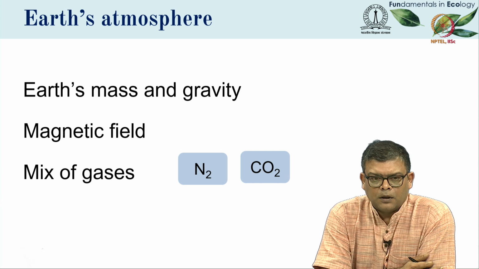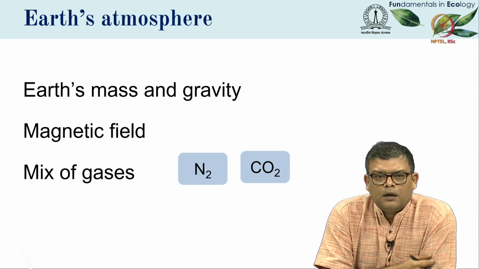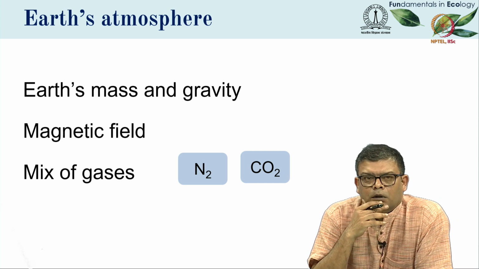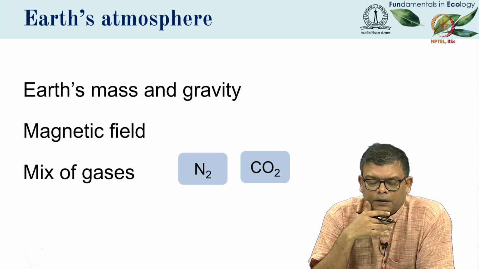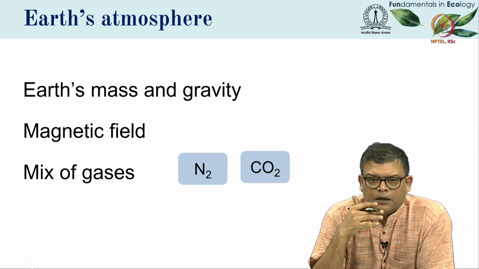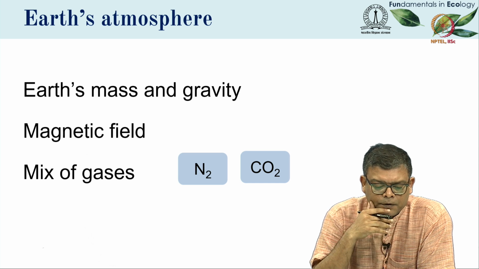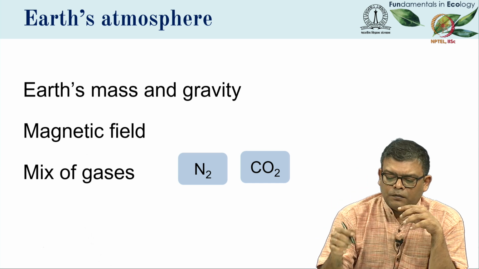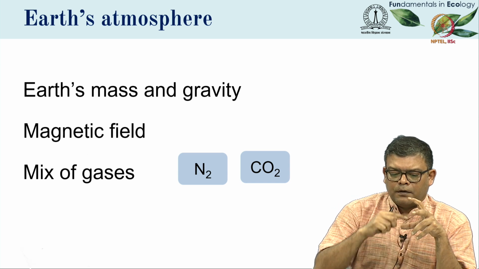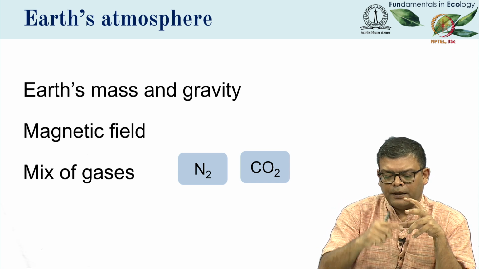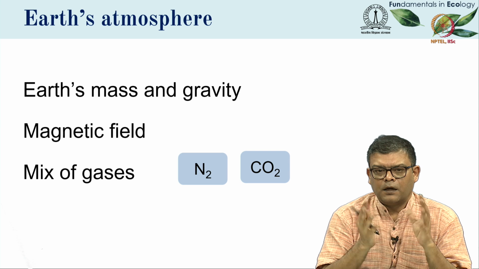So now in part 1, I left you with a thought about what's the role of Earth's gravity or magnetic field in shaping the Earth's atmosphere as we know it today. We have the Earth which has a certain mass, and it has a layer of thin air consisting of gases surrounding it.